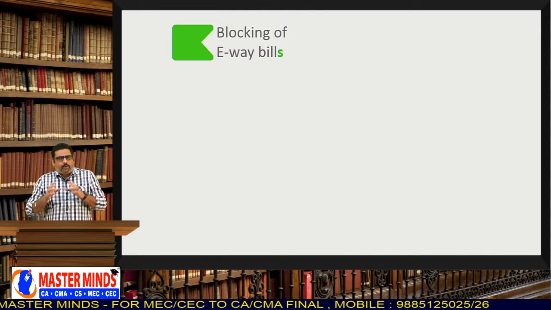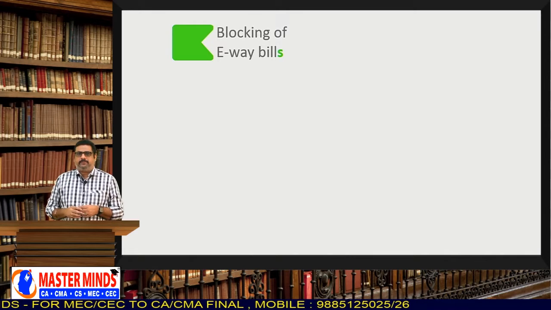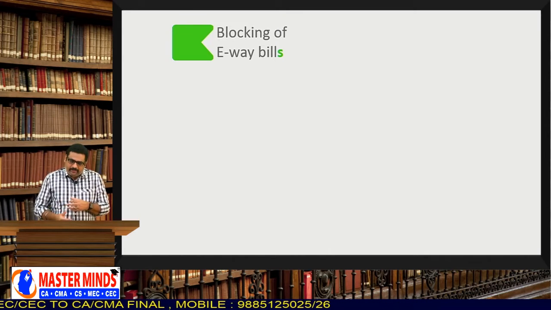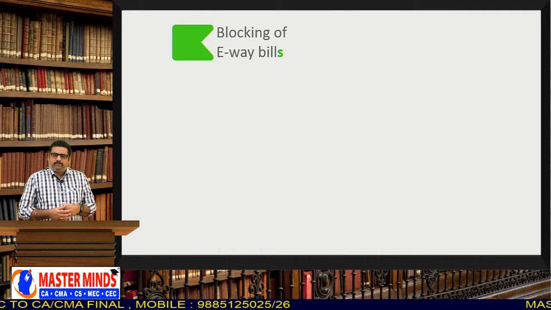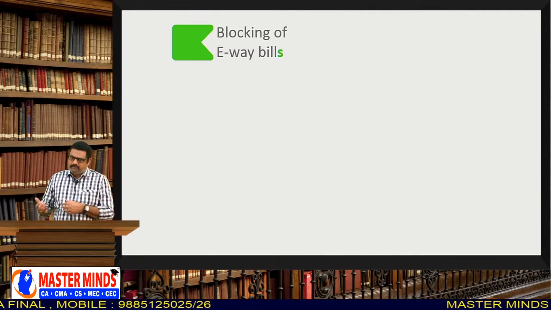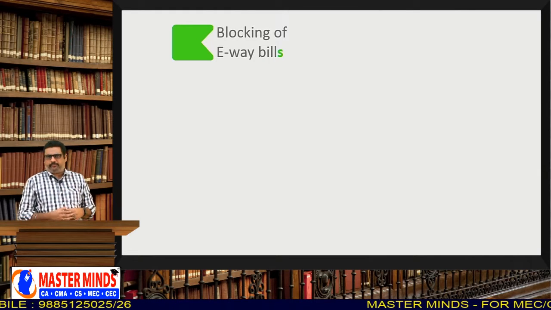So, by blocking the EWAY bill, they are forcing the business persons to file the returns regularly, whether with respect to the normal scheme it is GSTR1 or 3B, or with respect to the composition scheme it is CMP 08 or GSTR4.